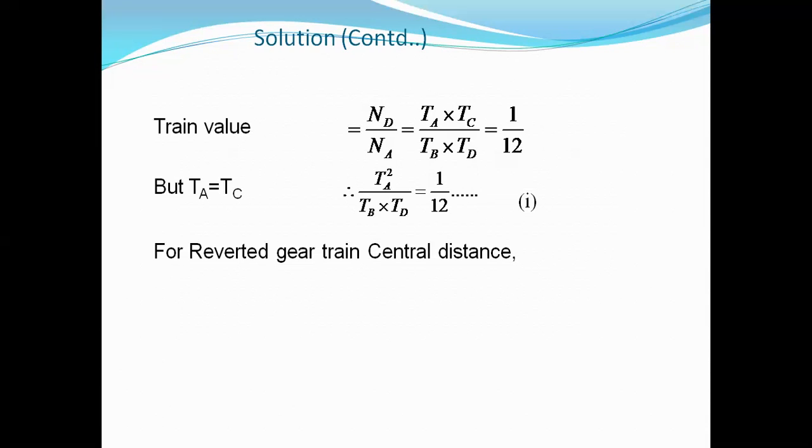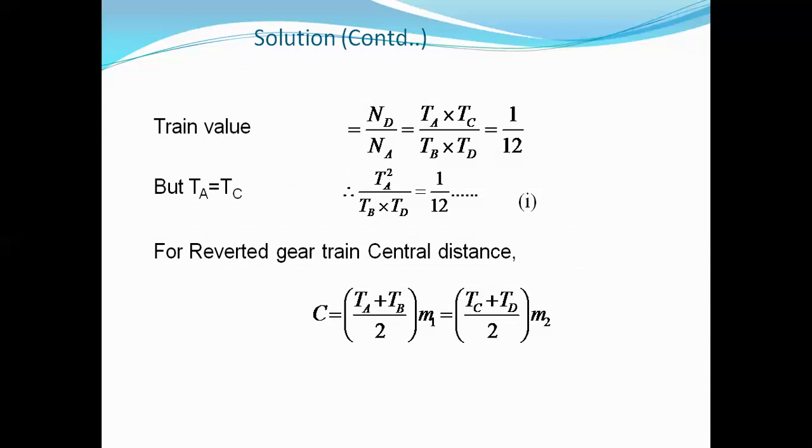And for a reverted gear train, the central distance C is equal to (DA plus DB) by 2, that is (M1 TA plus M1 TB) divided by 2 for the higher pair. Similarly, for the center distance between the lower pair, (DC plus DD) divided by 2. In place of DC, we can write M2 into TC.